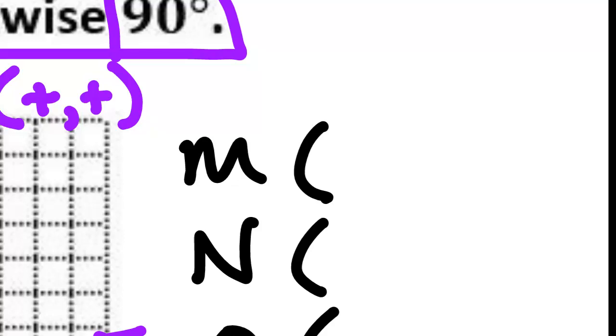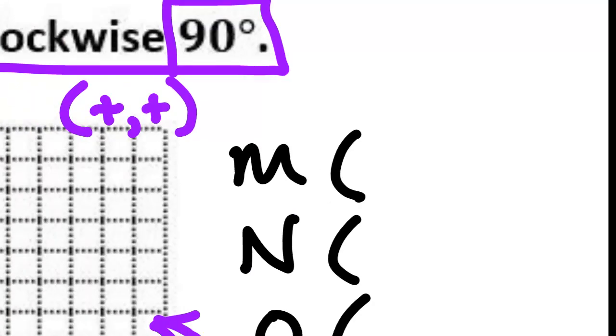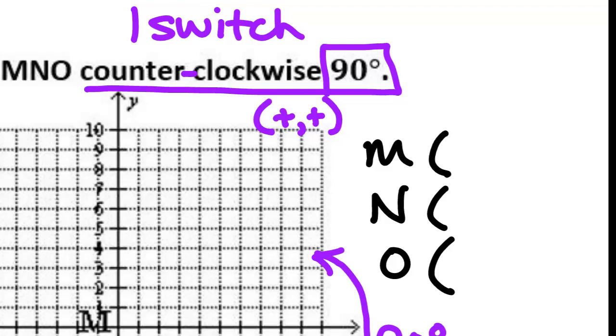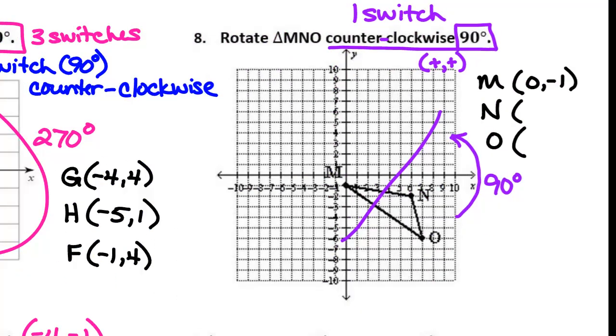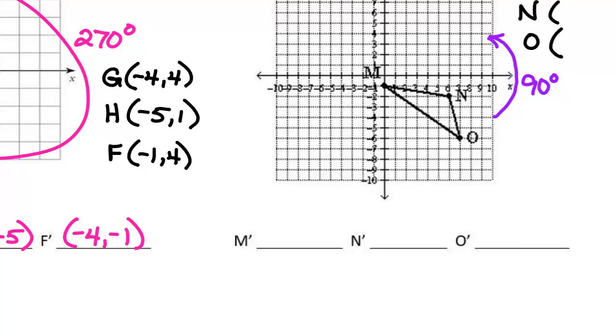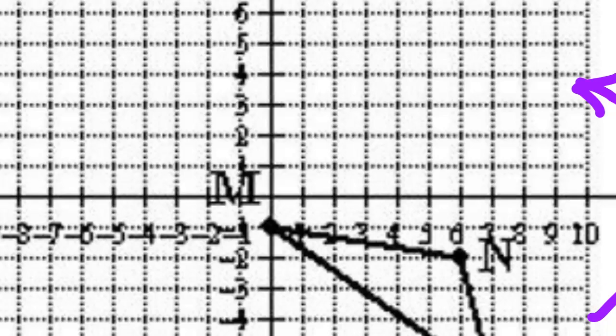Where is M? 1, 0 is where it's going to. But right now it is 0, -1. That's where it's at right now. So I do my 1 switch. Everybody ends up positive. So 1, 0 for M prime. Right here.